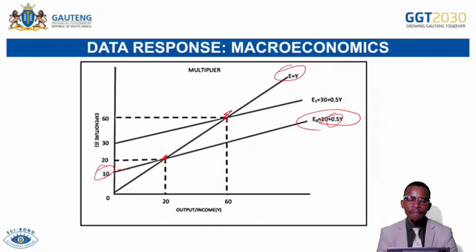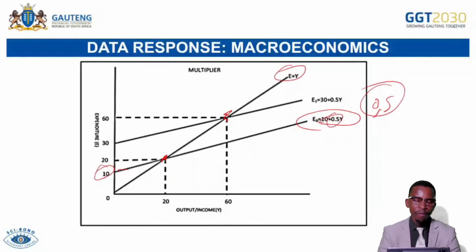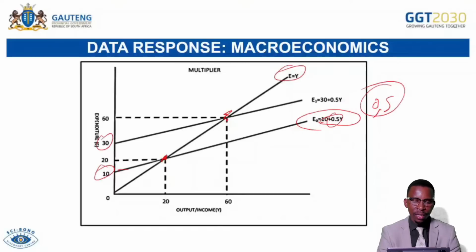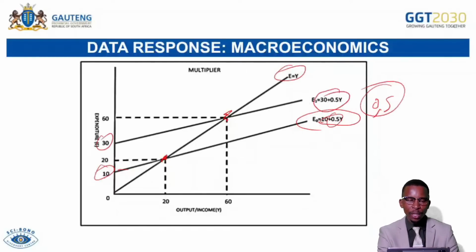So be aware, if ever the examiner asks you to identify the value of MPC, that is 0.5, not 0.5Y. And then we have the induced spending, which is our 30 million. So we have E1 equals 30 plus 0.5Y. So the same 0.5 comes in there to say on the expenditure of 30 million, we will be spending half of it on the given income. That is our 0.5.